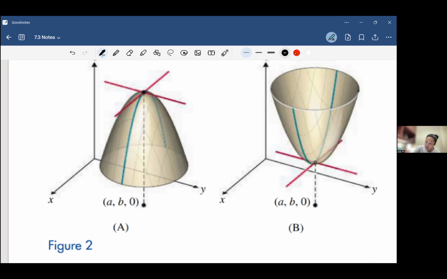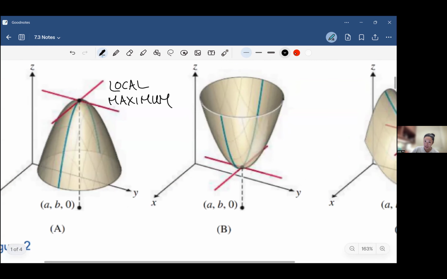And this point up at the top, that is what we call a local maximum. In other words, it's the highest point on the curve in that particular region. Now, there might be higher points somewhere else, but in that immediate region, it is the highest.